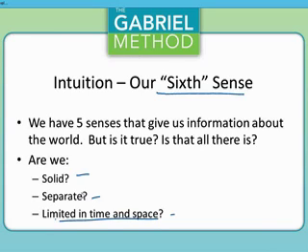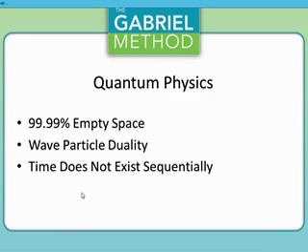But the truth is, quantum physics, modern day physics, and I'm not even talking about Eastern religions or Eastern medicine or anything like that, I'm talking about modern day cutting edge math, is telling us that the view of life that our senses bring into the world is wrong.